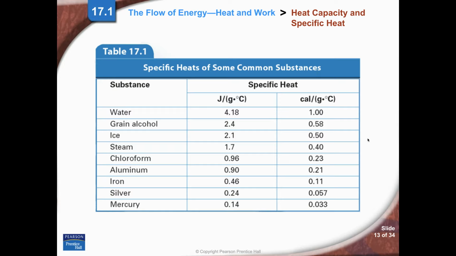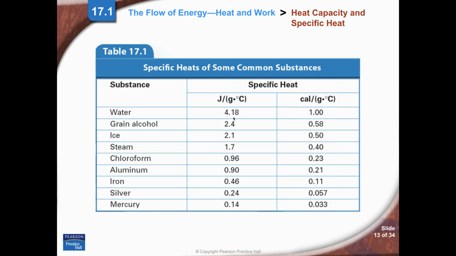So the specific heat is how much heat it takes to raise 1 gram 1 degree Celsius. And you can see that the calorie is super easy. It's 1 calorie. So it takes 1 calorie to raise 1 gram of water 1 degree Celsius. That is the specific heat of water, 1 calorie.